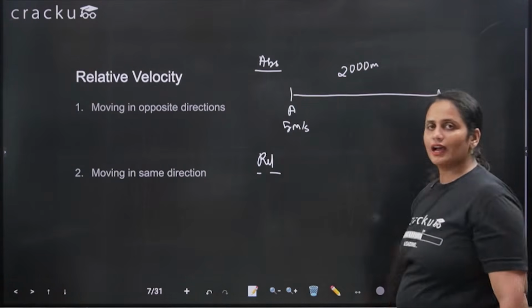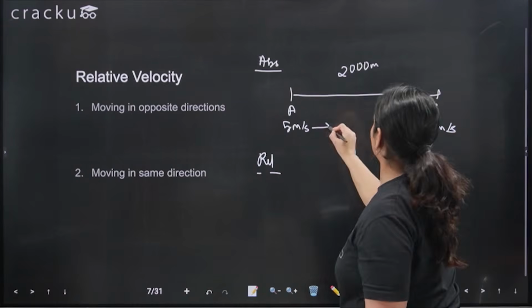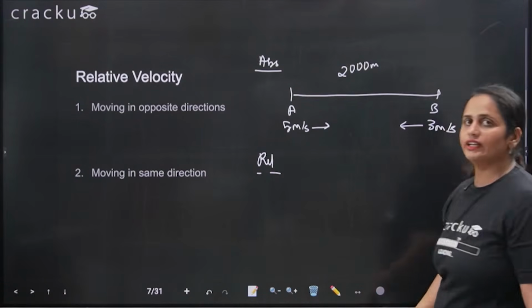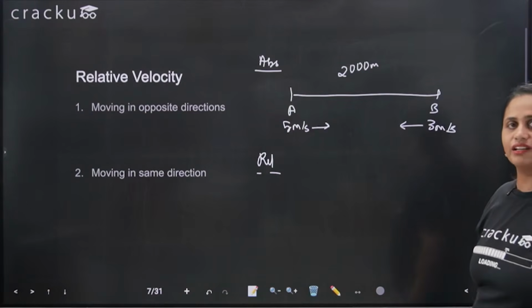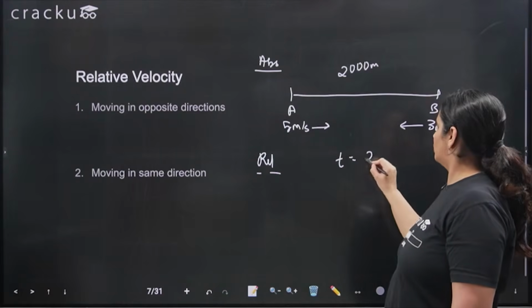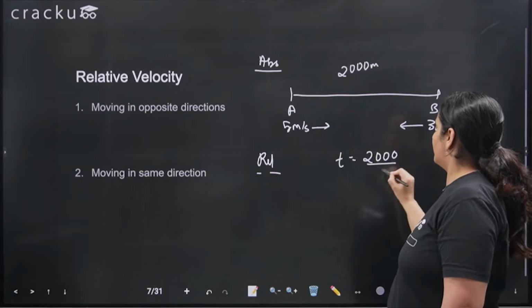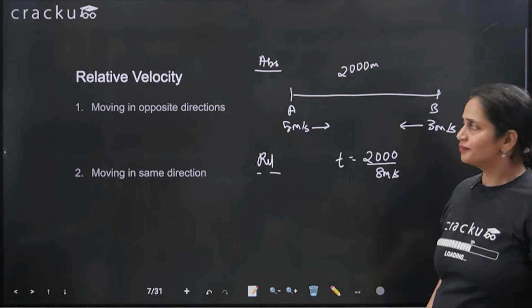Now if I ask you, how much time would it take for A and B to meet? They are running in opposite directions. The relative velocity will be 5 plus 3, that is 8 meters per second. Time taken will be 2000 divided by 8 meters per second. From this I'll get the time.